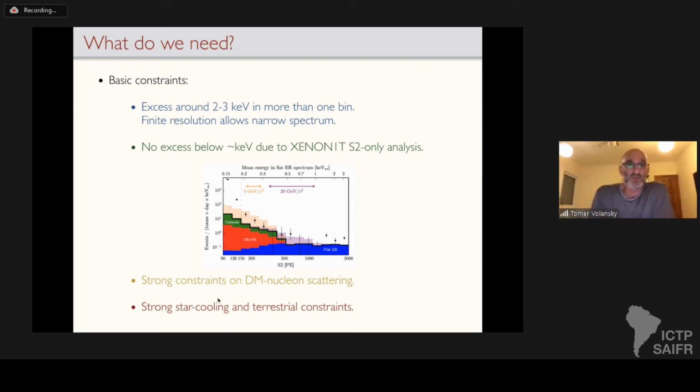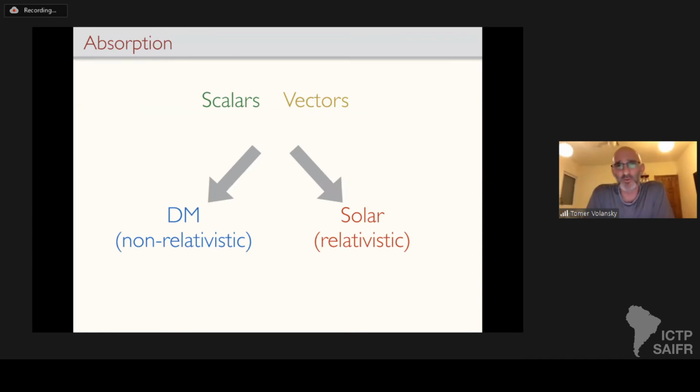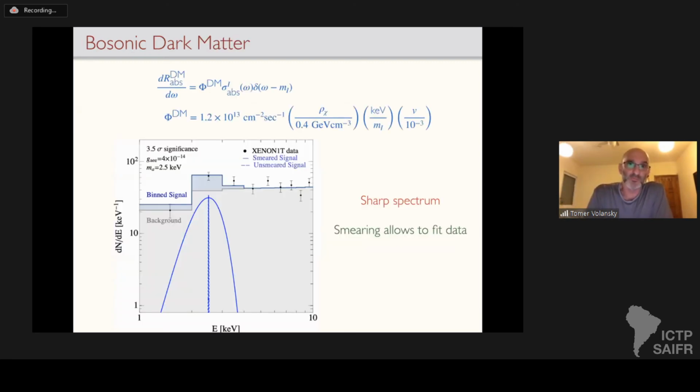And you need to evade the star cooling constraint, you need to evade dark matter nucleon constraints, and so on. If you want to consider absorption, which is an interesting scenario, it could be a scalar, it could be a vector, and it could either be dark matter or just produced at the sun, okay, solar.